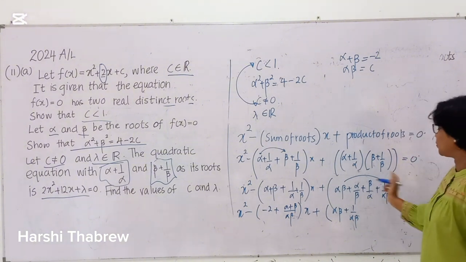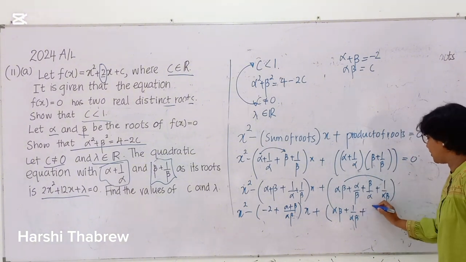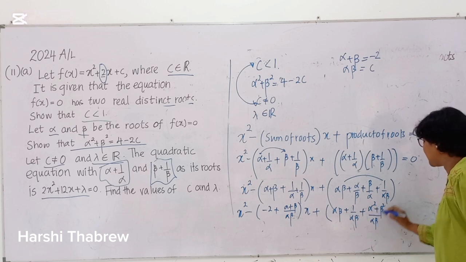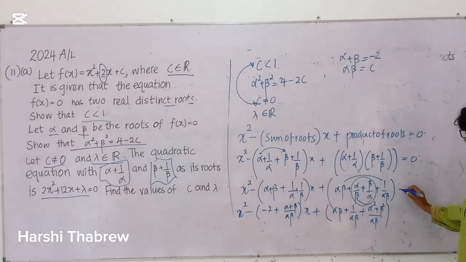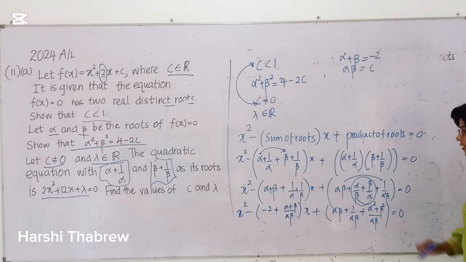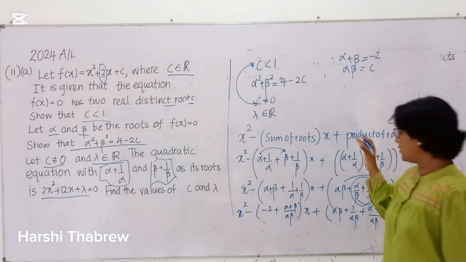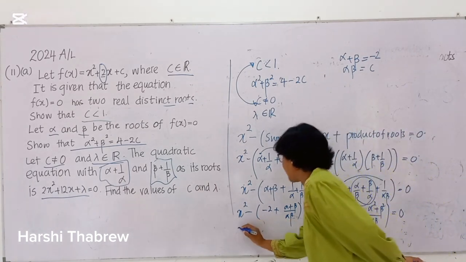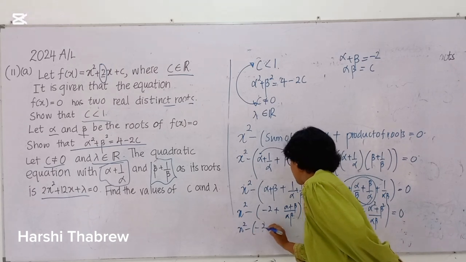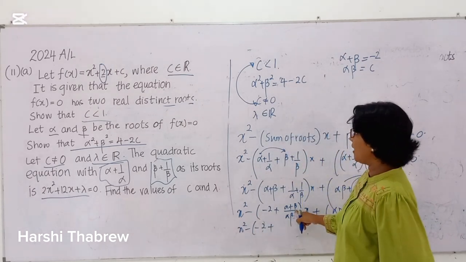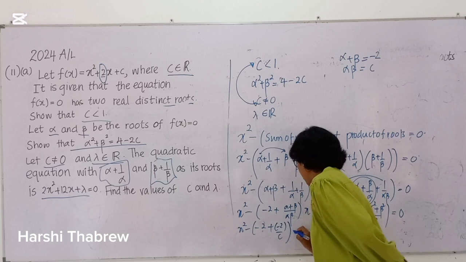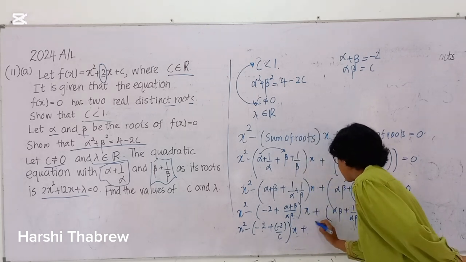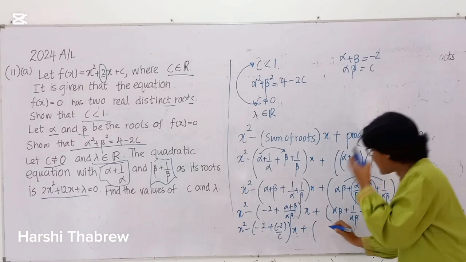I wrote these two terms together. Then alpha squared plus beta squared over alpha beta, because I found a common denominator for this part, equals 0. Right? So then you can substitute values. x squared minus 2, plus alpha plus beta again is minus 2 over c times x, plus then alpha beta is c.